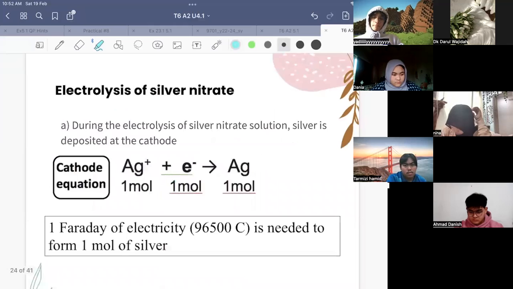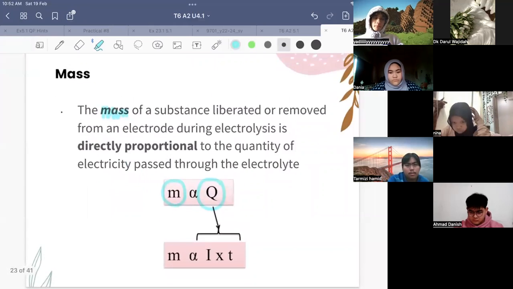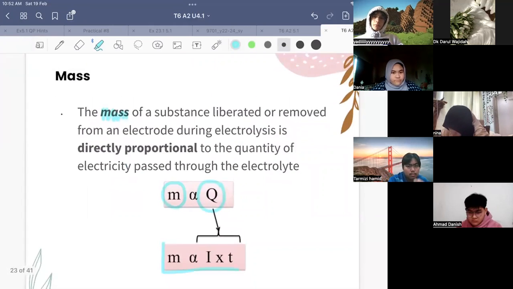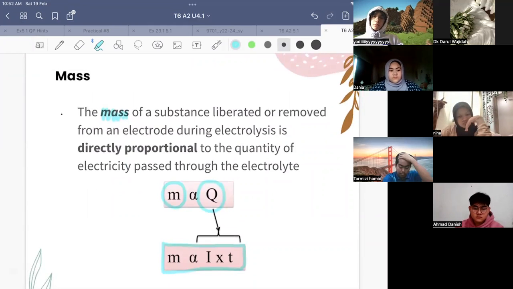Right, so you need to remember this as well, that mass is proportional to charge, where charge is equal to IT.